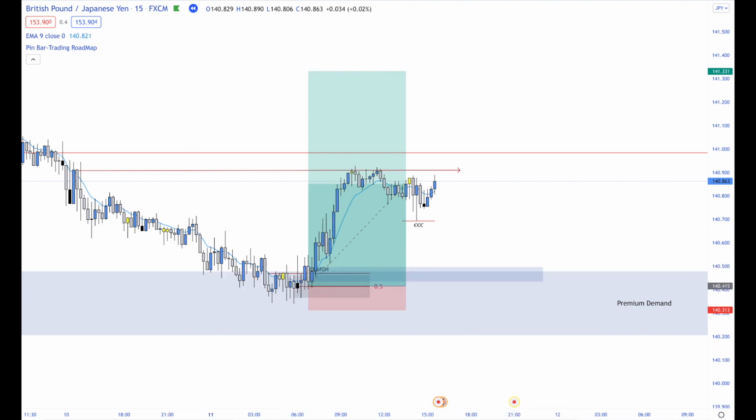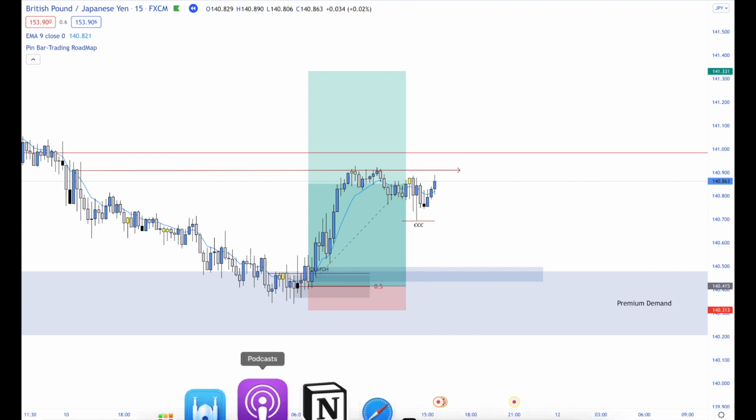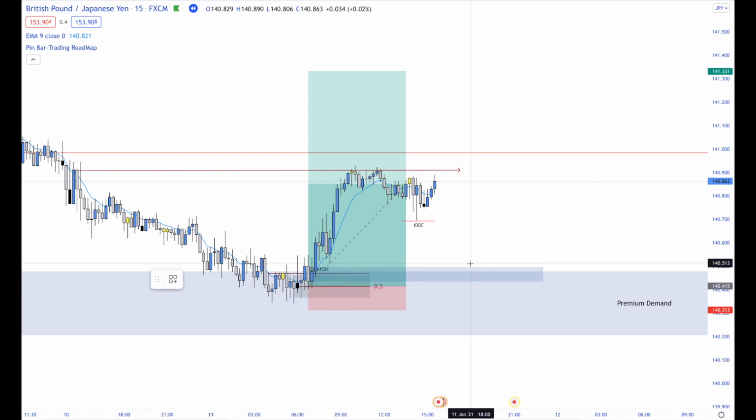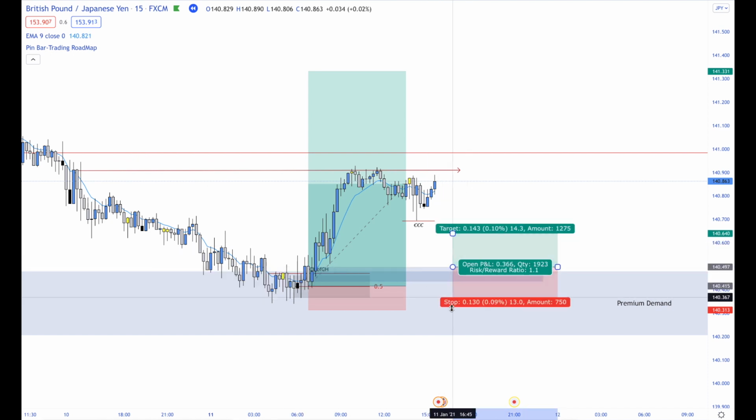If I wanted to, I'm going to go for an aggressive entry in comparison to a confirmation entry, and just show you guys the potential of the strategy and what you guys can do in the markets. So I'm going to put my stop loss right under here.